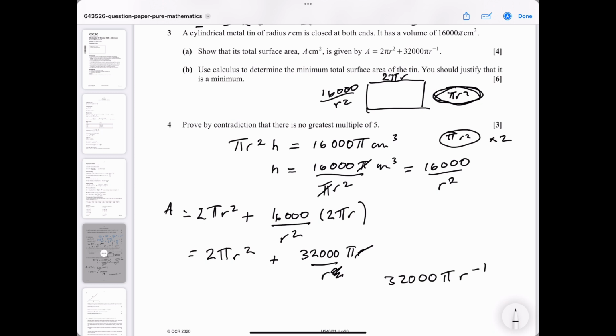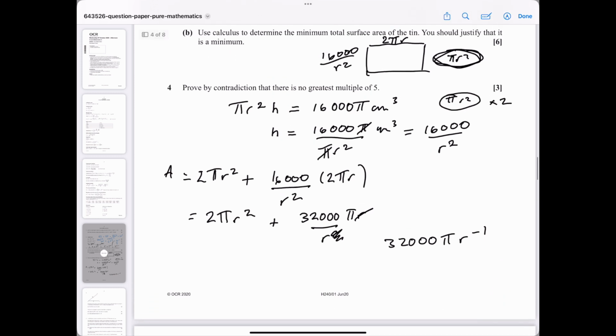Right, use calculus to determine the minimum total surface area of the tin. You should justify that it's the minimum. So in order to do that, I'm going to do dA by dr. In fact, I can now see why leaving it in this format is quite useful. dA by dr equals 4 pi r plus or minus 32,000 pi r to the minus 2.